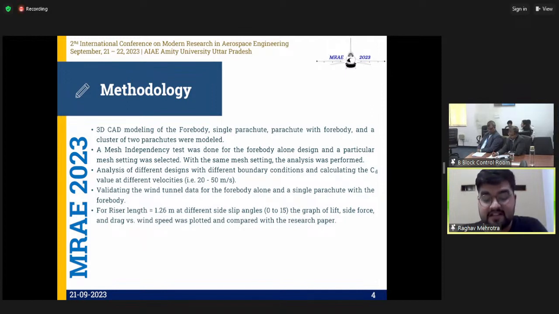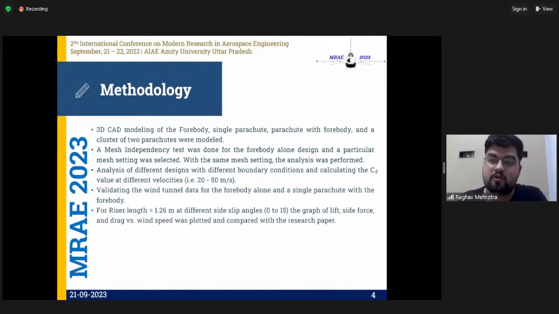That analysis was done at different speeds, because we don't know at what velocity the space capsule will be reaching us. So we have calculated the drag values at different velocities, say 20 to 50 meters per second, and also at different side slips, because we don't know in the environment at what side slip it will fall.